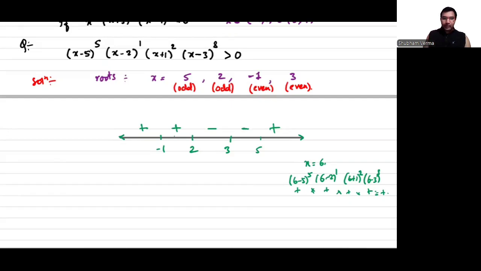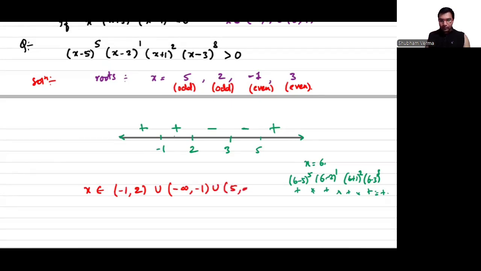So how do I write my final answer? X belongs to, yes. Okay. So minus 1 is not inclusive, right? So how should I write it? I should rather write minus 1 to 2 interval, union minus infinity to minus 1, union and then greater than 5.